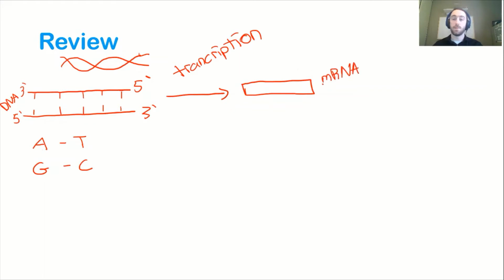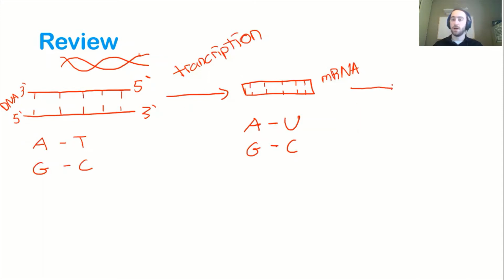And our mRNA also has base pairs, but these base pairs are slightly different than our DNA base pairs, right? Remember this. A, instead of binding to T, instead of binding to thymine, is going to bind to uracil, or U. G and C, well, they still bind together, right? So this is nothing new.